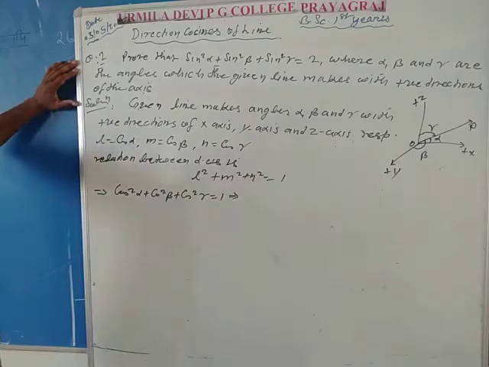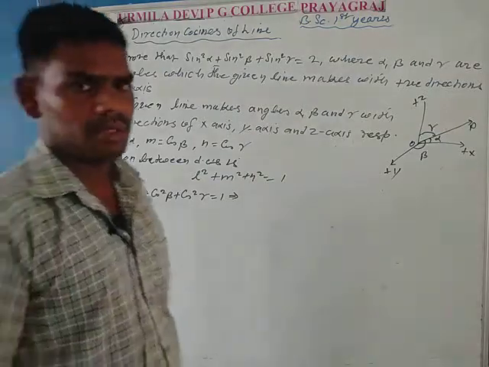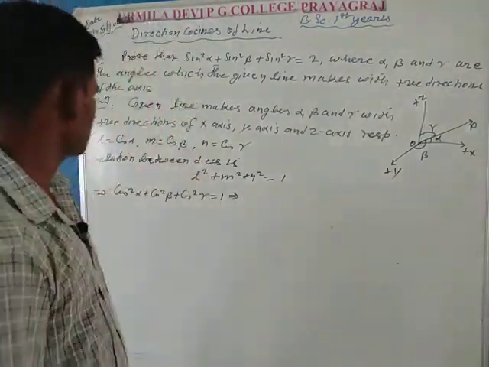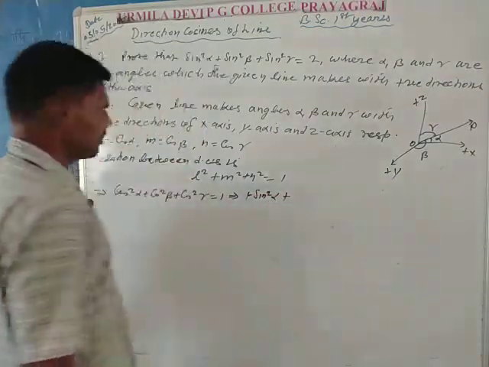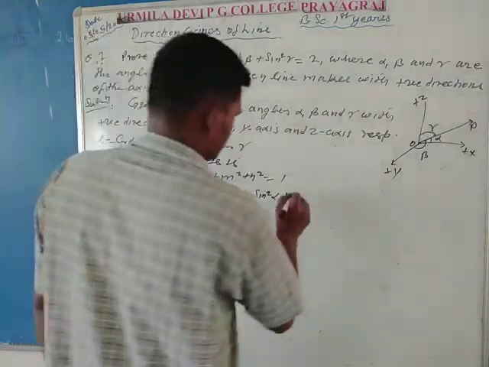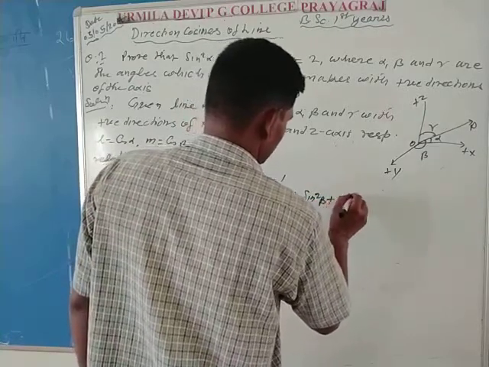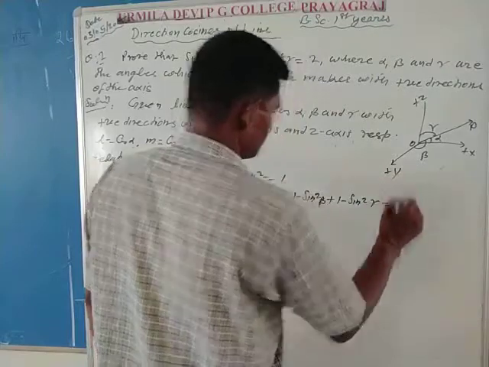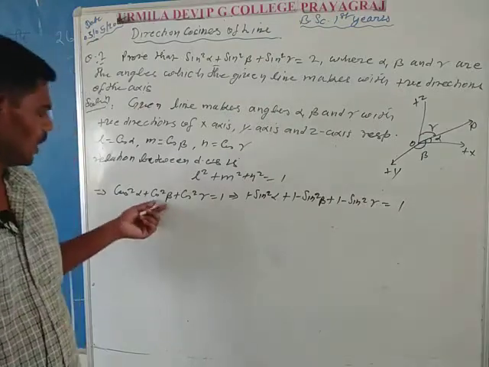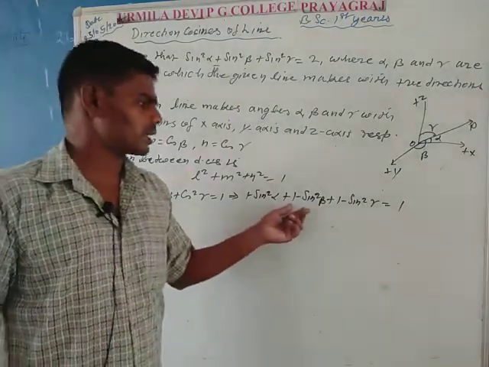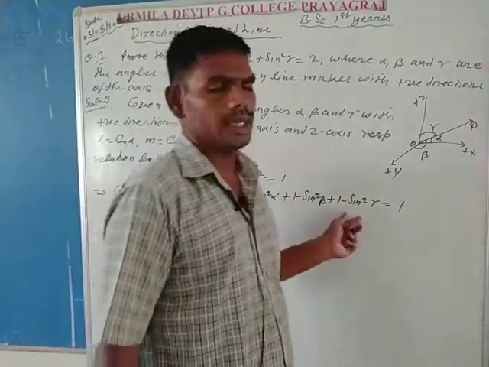Now replacing cos with the help of trigonometrical formulae, cos square alpha is equal to 1 minus sin square alpha, cos square beta is 1 minus sin square beta, and cos square gamma is 1 minus sin square gamma, so the sum is equal to 1.